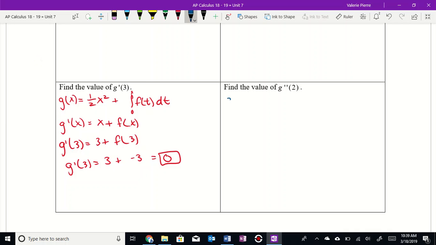And since we know that g prime of x is equal to x plus f of x, we can find g double prime of x by taking the derivative of that, so we get 1 plus f prime of x.